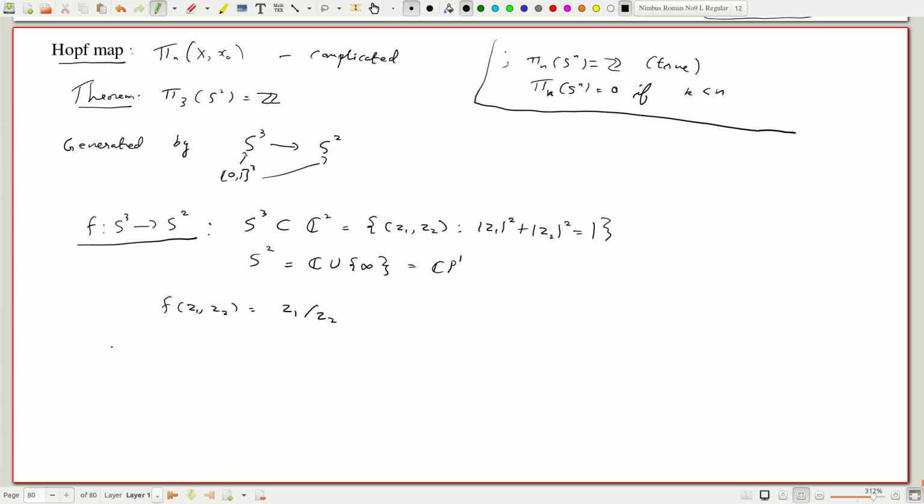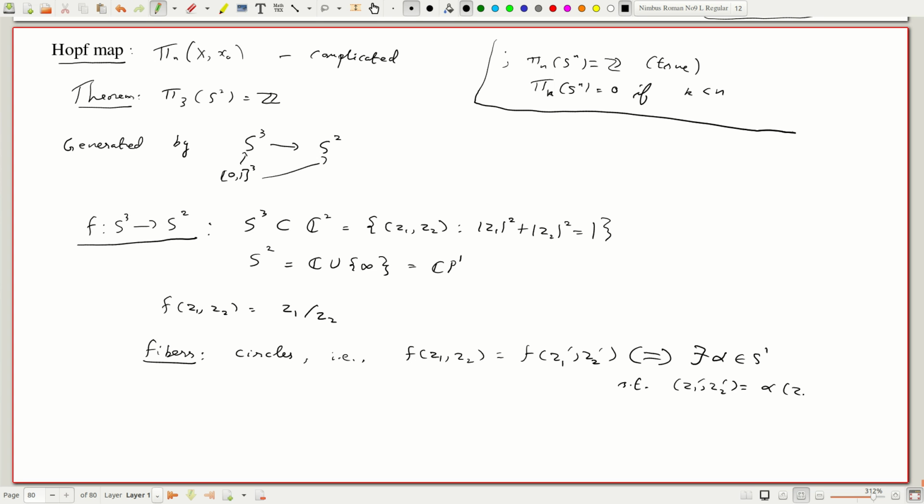So what are the fibers of this map? The fibers are actually all going to be circles. Namely, f(z1, z2) equals f(z1', z2') if and only if there exists alpha, a complex number but furthermore in the circle, such that (z1', z2') is alpha times (z1, z2).